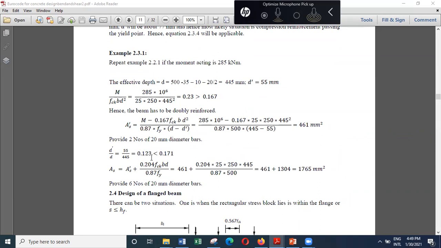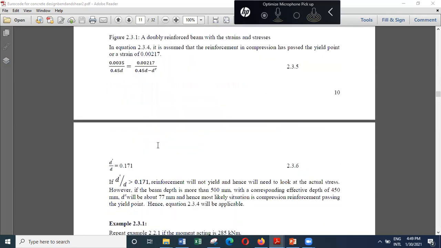Yes. So usually the limiting value is 0.171. Limiting is the maximum value. Because if D dash is higher, say D dash is 100, then 100 divided by 445 is 0.224. So if D dash is big, then what happens is this.